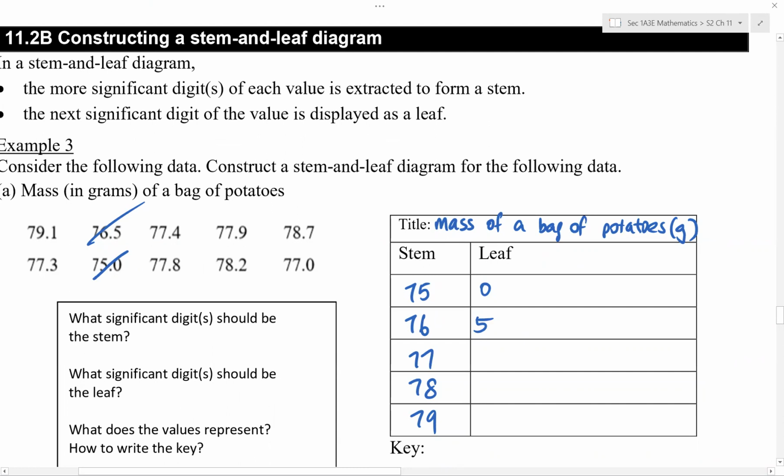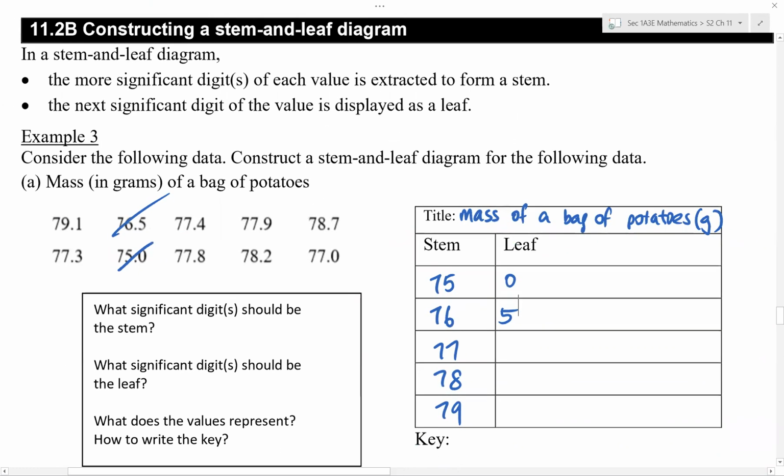We're just putting down the digits. So next we move on to 77.0, 77.3, 77.4, 77.8, 77.9.